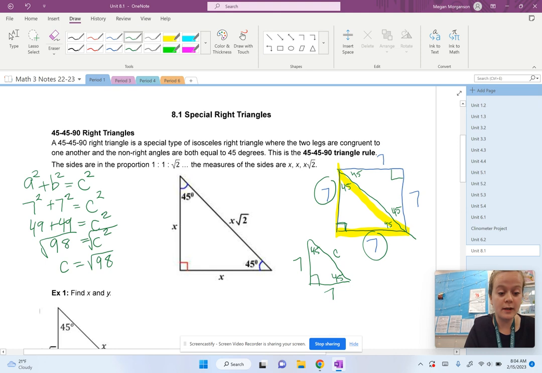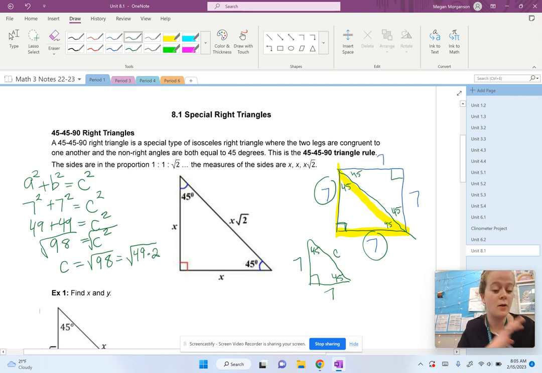So remember, when we're simplifying the radical, we want to factor 98. Preferably, we want to factor it into things that are perfect squares, things we can pull out. So I know, because what we put in, that 98 is the same thing as 49 times 2.